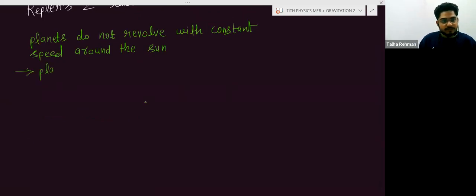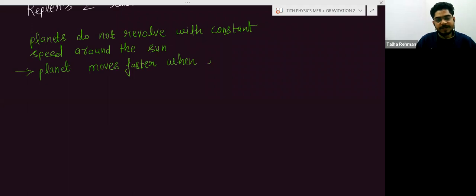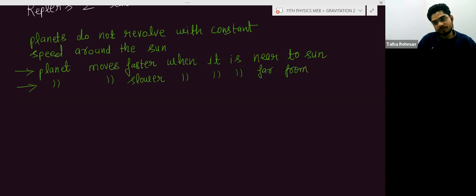A planet moves faster when it is near to the sun, and a planet moves slower when it is far from the sun.